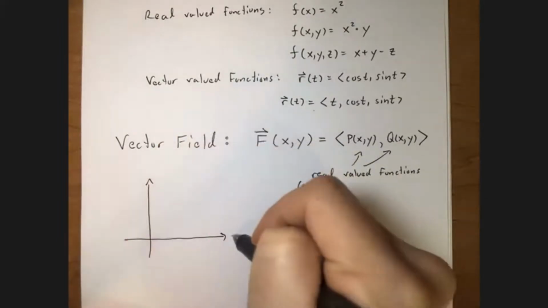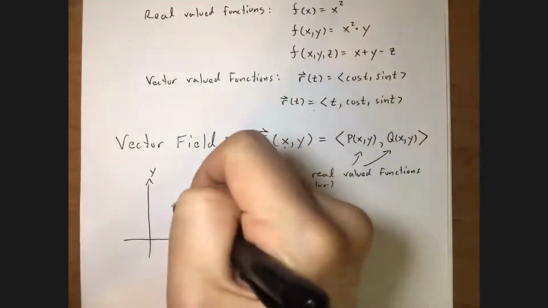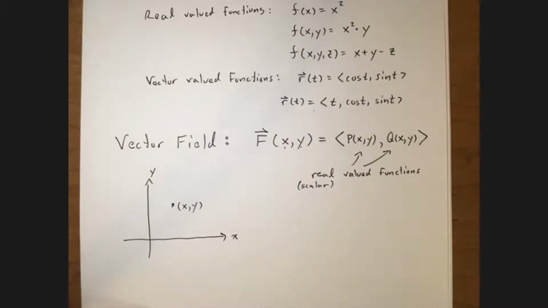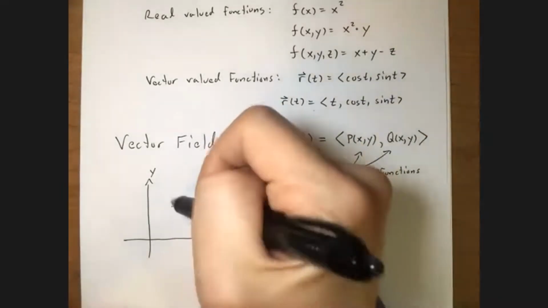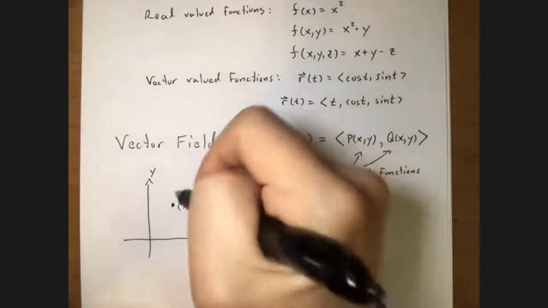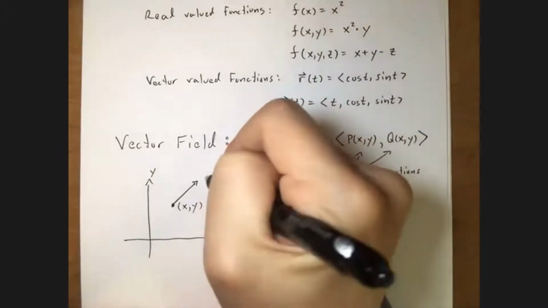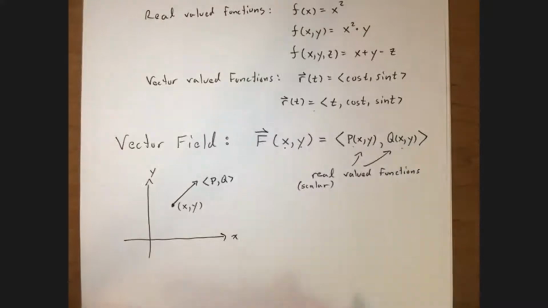So what we're doing with these is, the input here is x comma y, so it's any point in 2-dimensional space. Now the output is a vector. So assigned to this point is going to be some vector. That's the vector that I'm calling PQ.